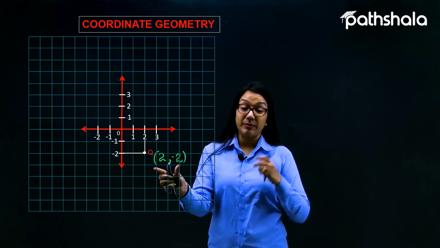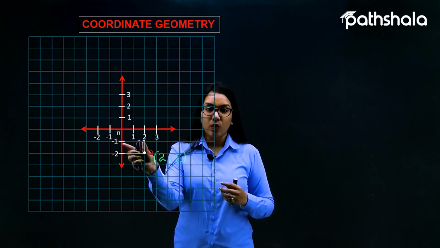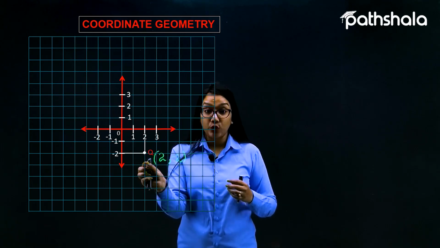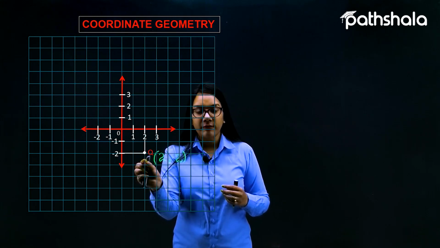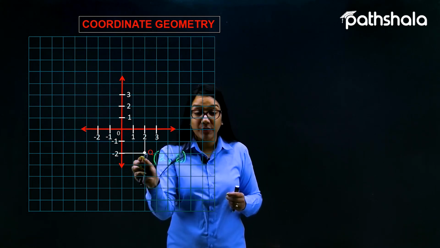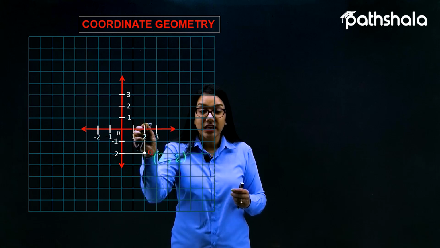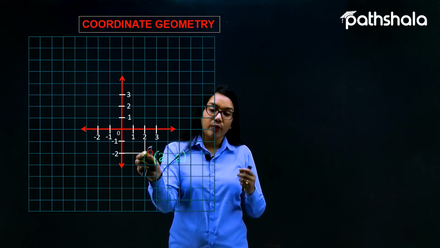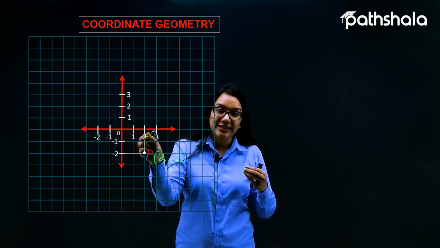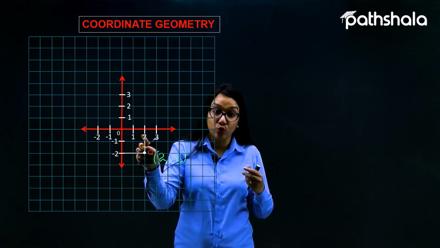As we can see over here, this is the point Q, and when we join this point Q with the x-axis and with the y-axis, it joins the x-axis at the number 2.